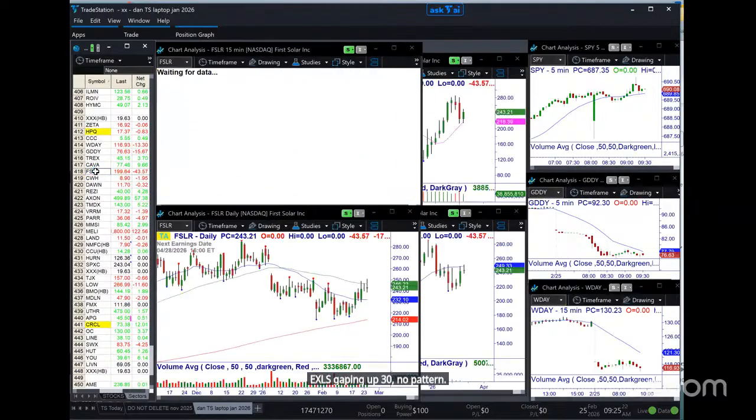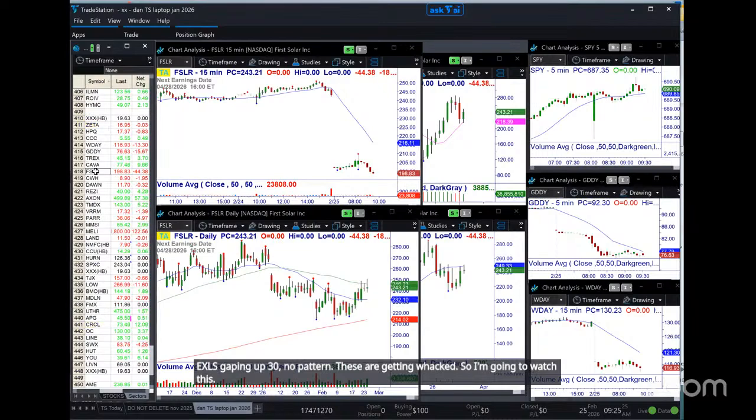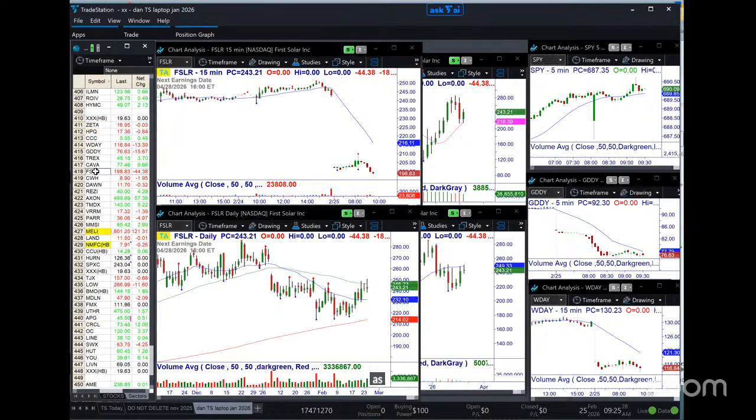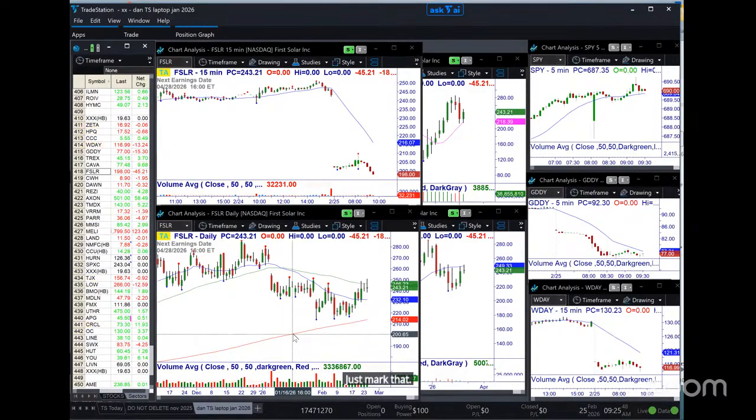Fizzler getting whacked, so I'm going to watch this as it's a bearish gap, so it's not a gap and snapper like possible workday, but I just throw it into the big old gap category. Let's just watch it. Ideally, though, that's still a nasty gap, even at 200.